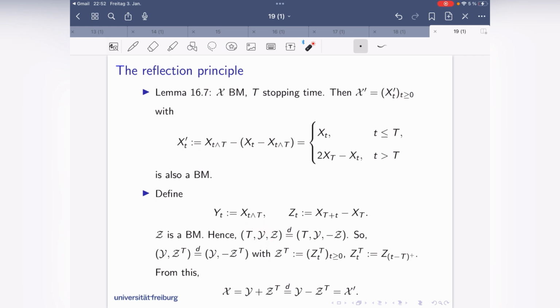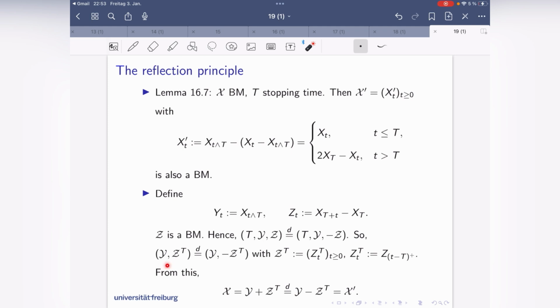So T, Y and Z are independent. And Z and minus Z have the same distribution because increments have symmetric distributions. I can ignore the T, of course, in this joint distribution. So Y and Zt and Y and minus Zt have the same distribution.